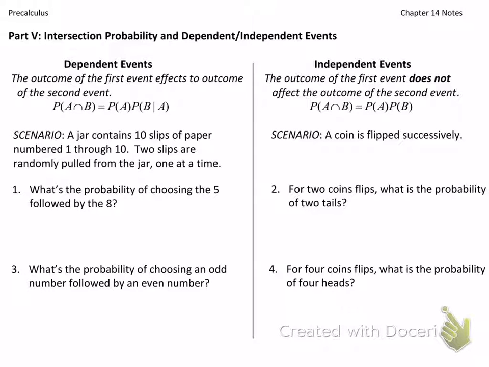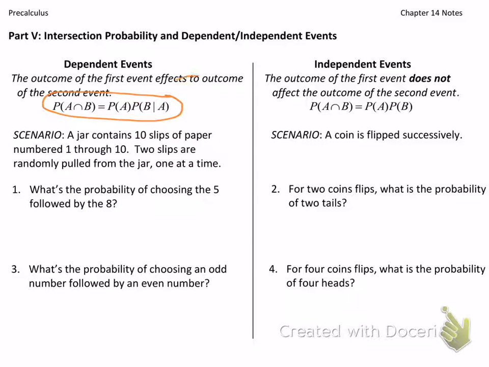So in this scenario, we have a jar of 10 slips of paper, numbered 1 through 10, and 2 slips are pulled one at a time. Out of those 2, what's the probability of choosing the 5 first and then the number 8? This is the equation up here that we're going to work with.